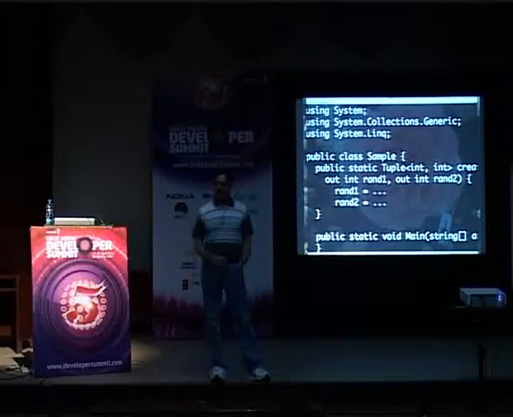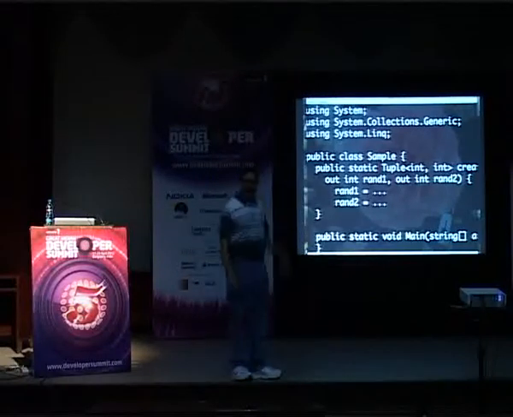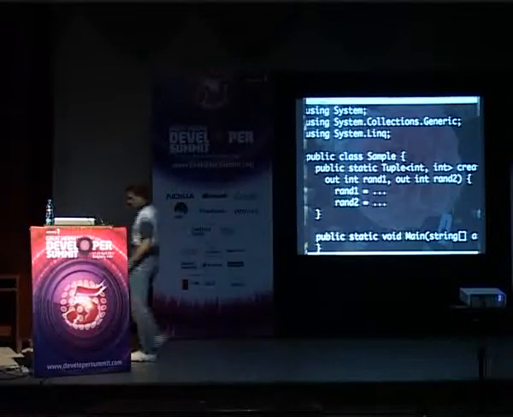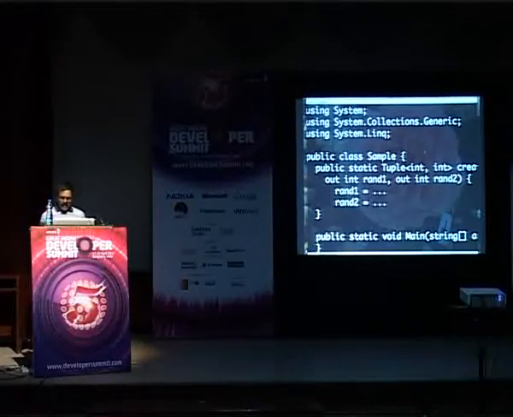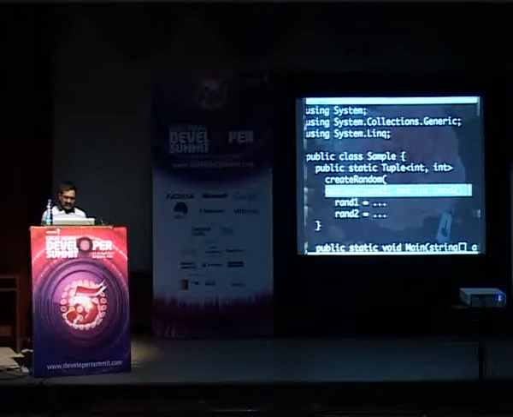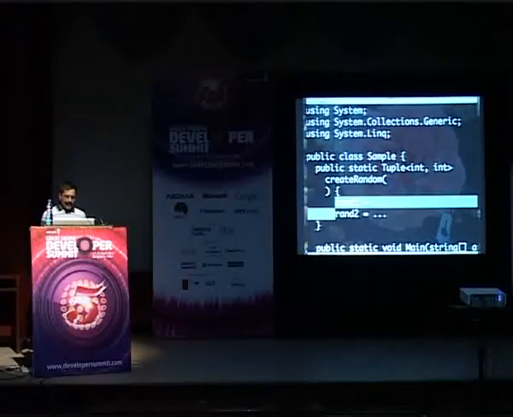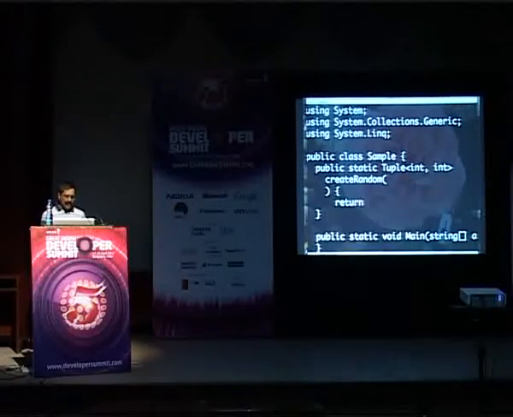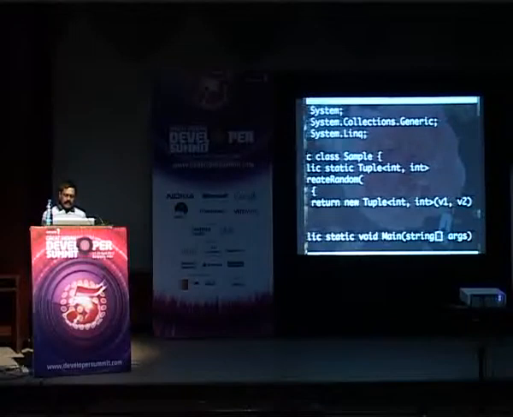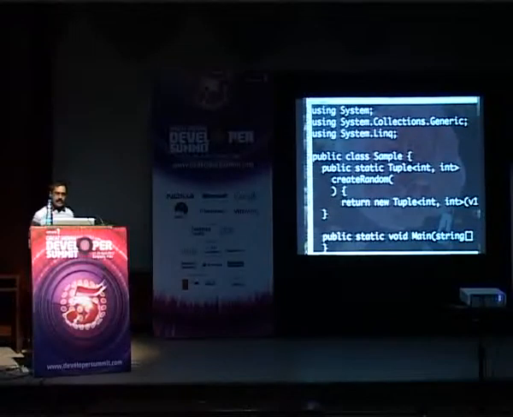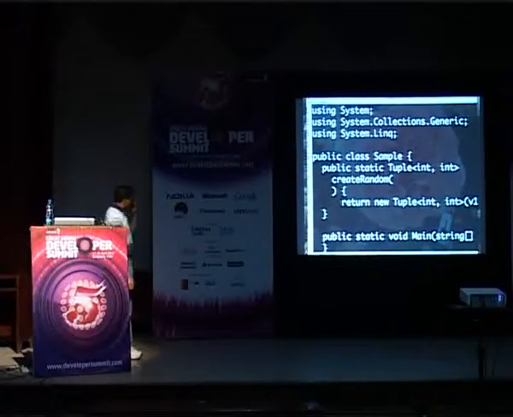They don't have to pass rand 1 and rand 2. You just create a tuple and return its value. So how would it look? You would just say create random, and in this case you simply say return new tuple int comma int, and then value 1 and value 2, whatever those values are, right? You would just return it.